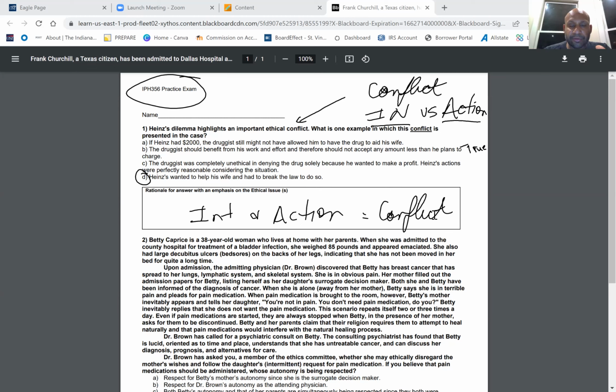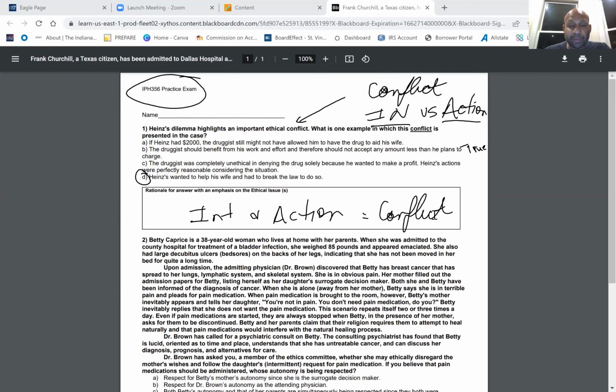Her mother is voicing, literally being her voice, but at the same time, through the case, it becomes known that Betty can speak for herself. Now, she might not be able to speak. She can nod her head. She can indicate certain things, but she has the autonomous right.